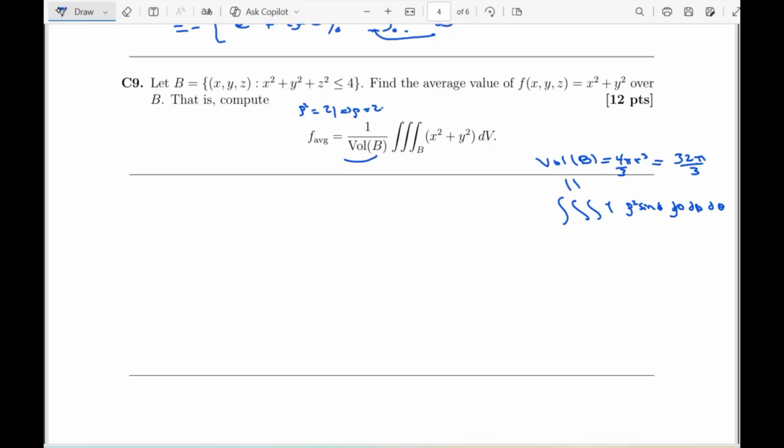As I mentioned, when we're working over a sphere, the bounds are easy to read. So rho goes from 0 to 2, phi is free from 0 to pi, and theta is free from 0 to 2 pi. If you compute this integral, which is easy, you would indeed get this number.